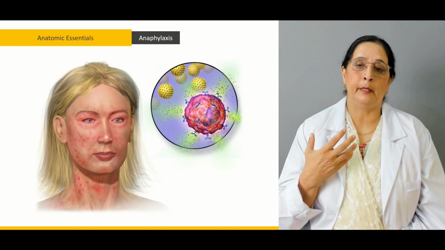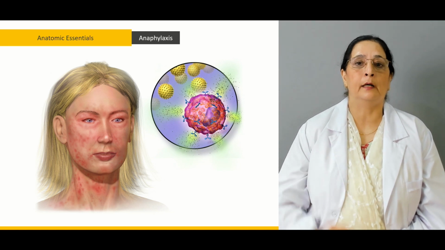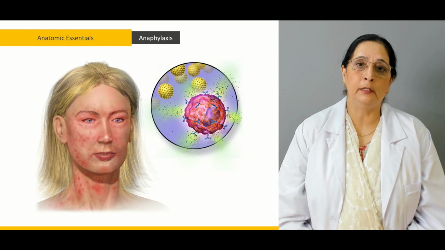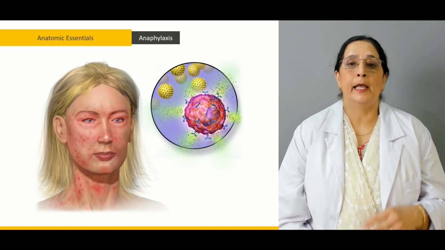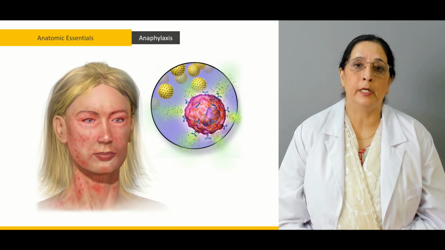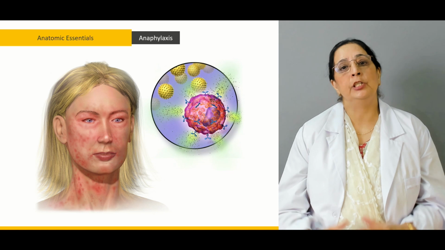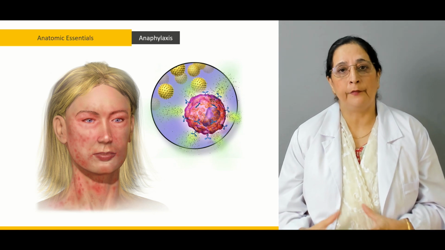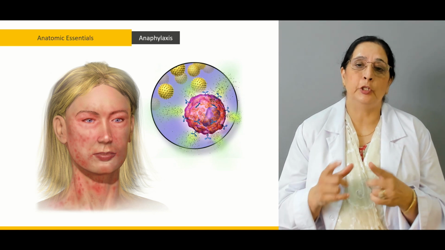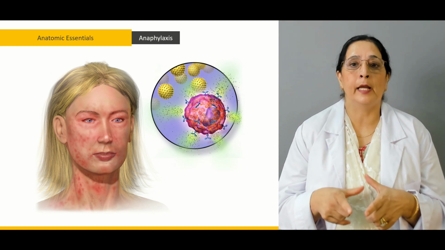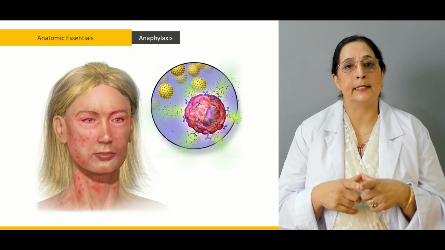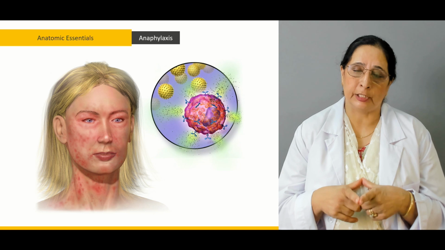Some people are allergic to beef products. As a result of those allergies, antigens enter the body, and those antigens initiate the production of antibodies, and subsequent exposure to the same allergen or antigen causes the anaphylaxis or allergic reaction.